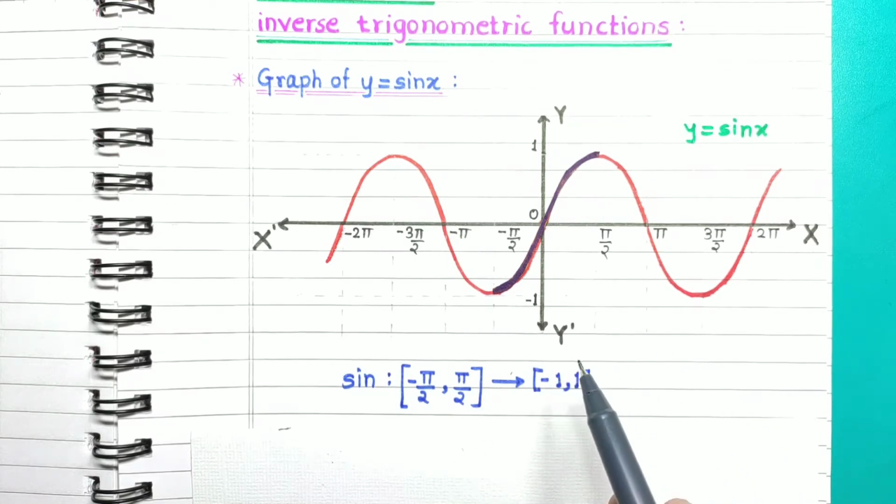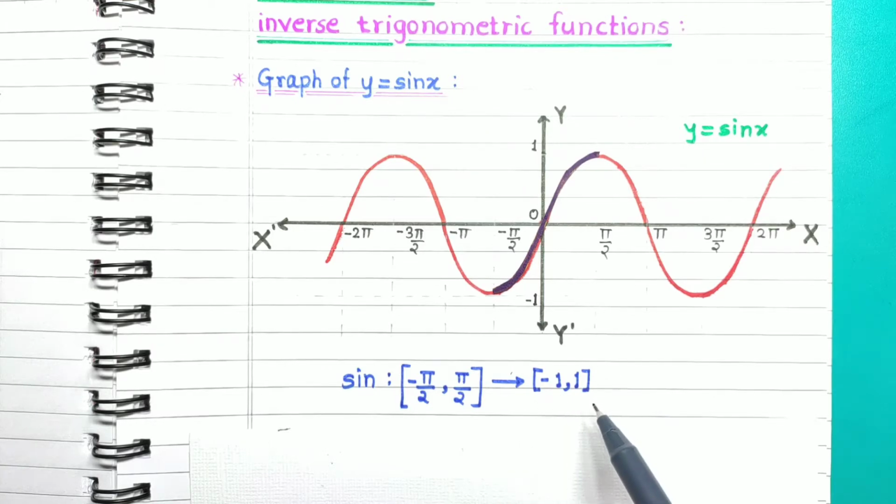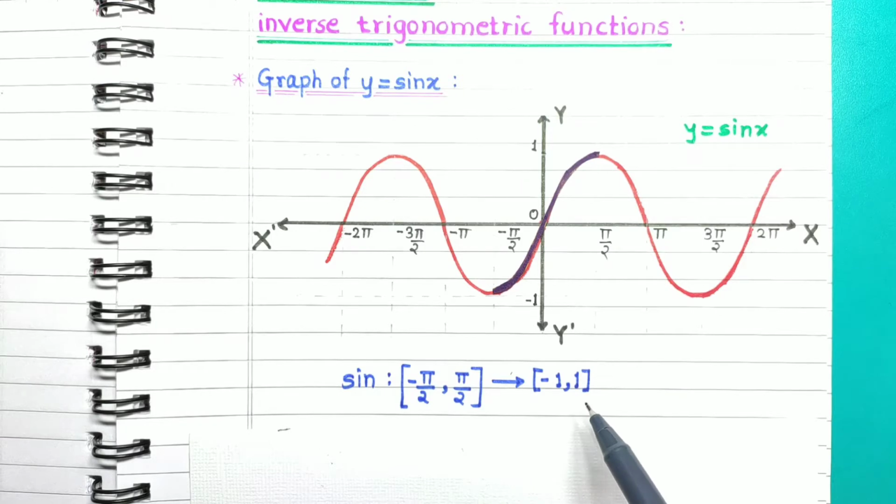That means if we restrict the domain to suitable intervals so that they become one-one and onto to their ranges, then we can have their inverses. For the inverse function you can find the link in the description.